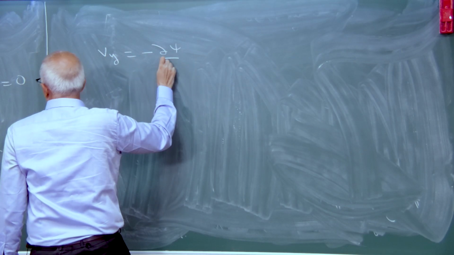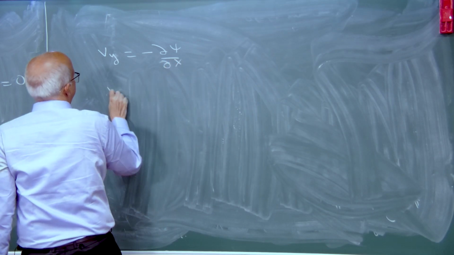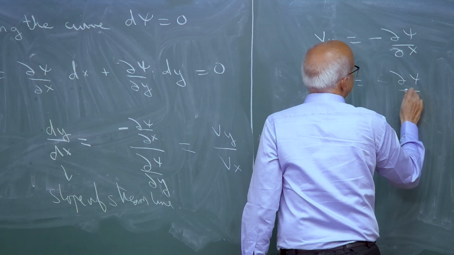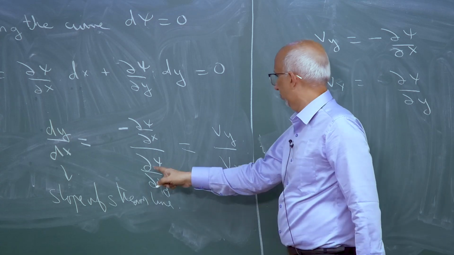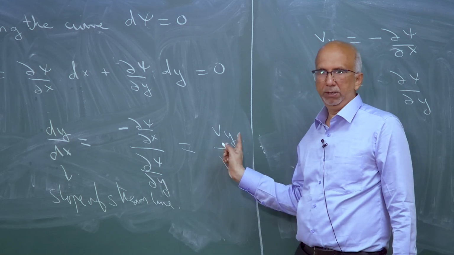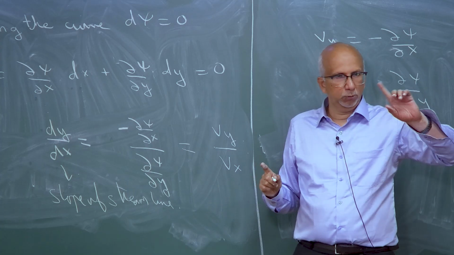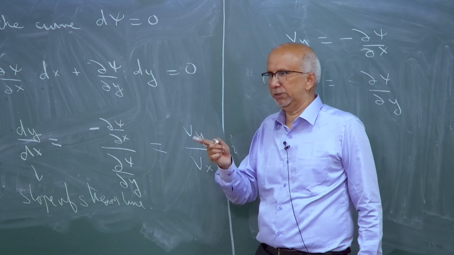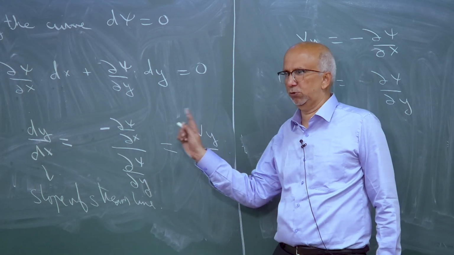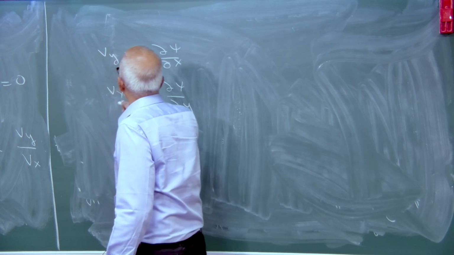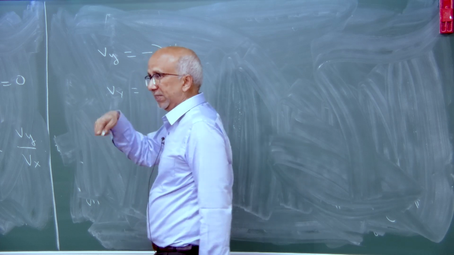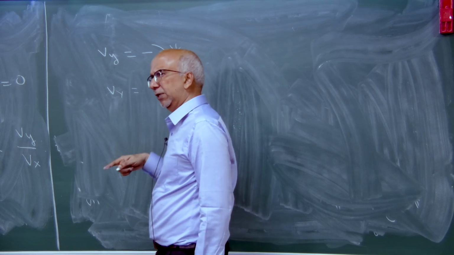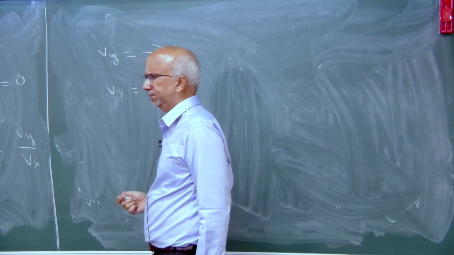Vy is minus d psi by dx and Vx is d psi by dy. You have the flexibility to put the minus sign either here or here, that depends upon the sign convention, it does not matter, I have just chosen this, okay. So, I am just choosing this as my example. You may see some books, they will say Vy equal to plus and Vx is minus, that is also okay, it does not matter, okay.